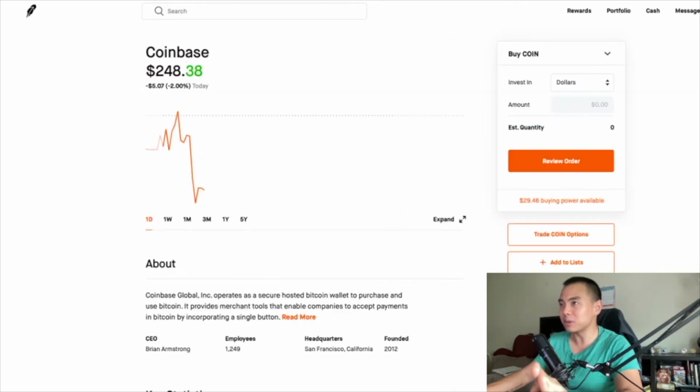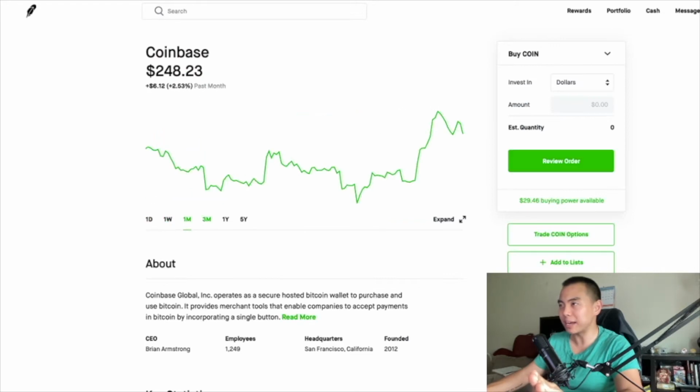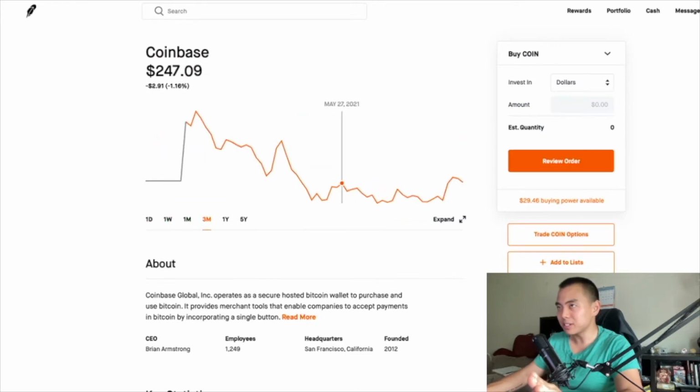The reason I want to sell it around there is, if we pull out, every time Coinbase comes down, it's dipped as low as the 220s, and it'll hit 240 and then come back down. But recently it broke that 240 mark. So 240 in the past was kind of a ceiling. But now once it breaks the ceiling, you can see that there's some tension around here. So my guess is that in the next coming month, if it hits 240 again, it's probably going to bounce a little bit.